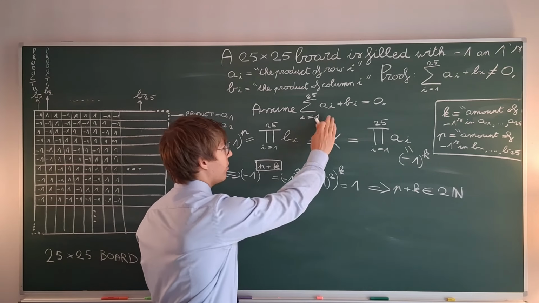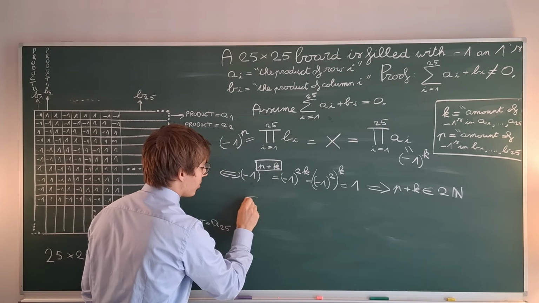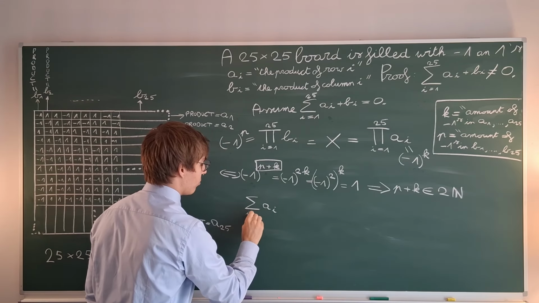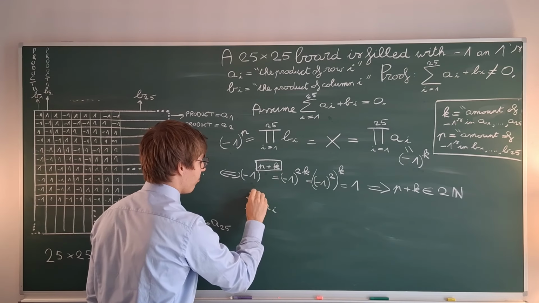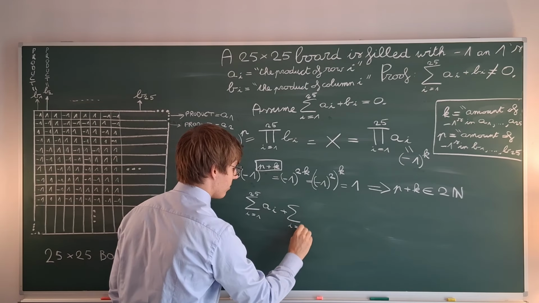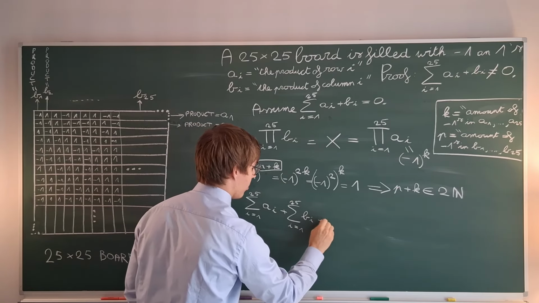But now let's use our assumption. We know that this sum is equal to the sum, first the AIs, from i equals 1 to 25, plus the sum of the BIs to 25.